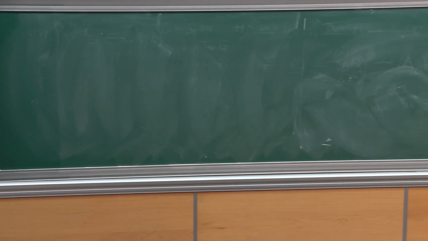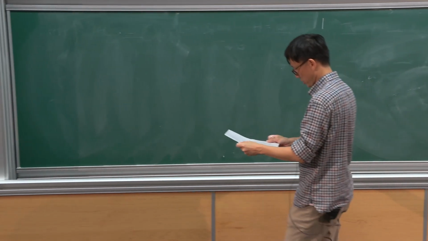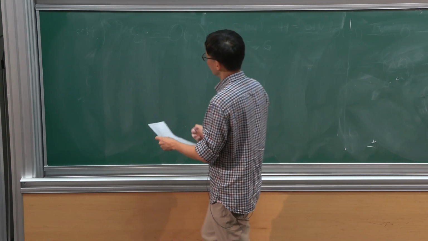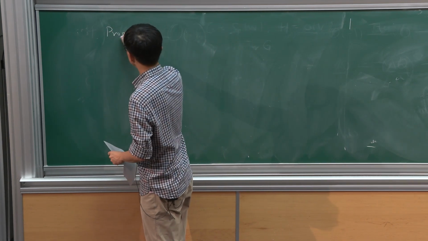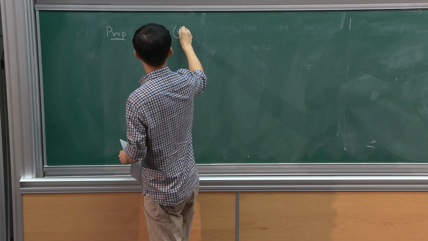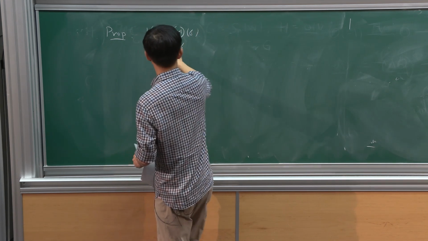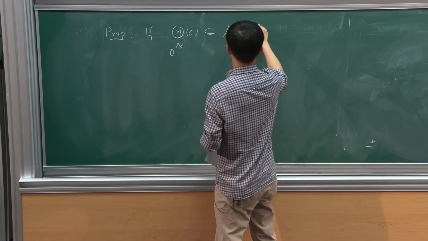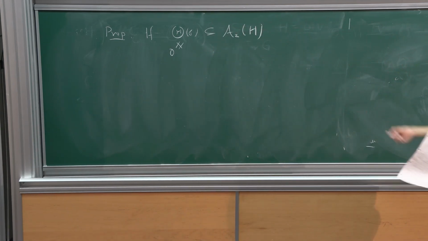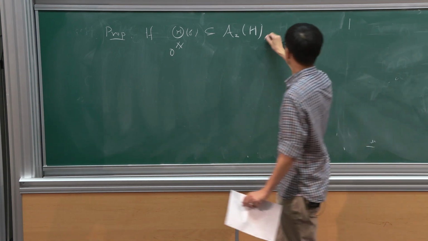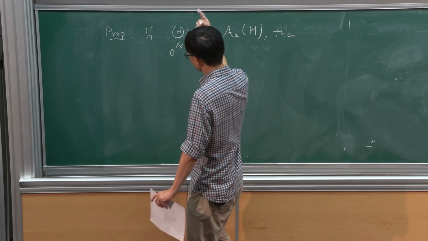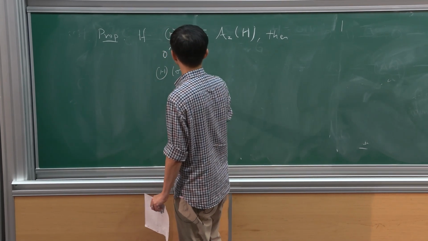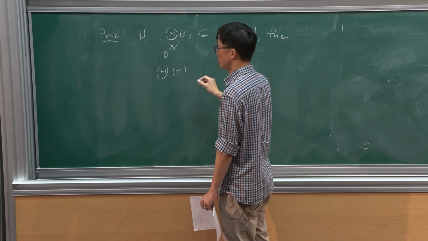Okay, so let me make some brief remarks about these questions, about the what is it first. Here's a certain proposition. Suppose you answer the first two questions already, and you know that this guy is not zero and lives inside the automorphic discrete spectrum, square integrable automorphic forms on H. Then the local Howe duality theorem tells you that this guy is irreducible.